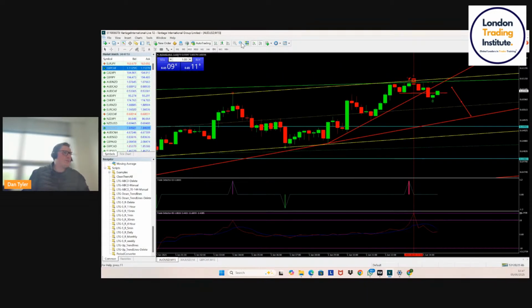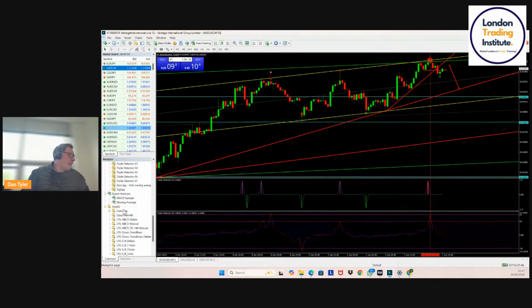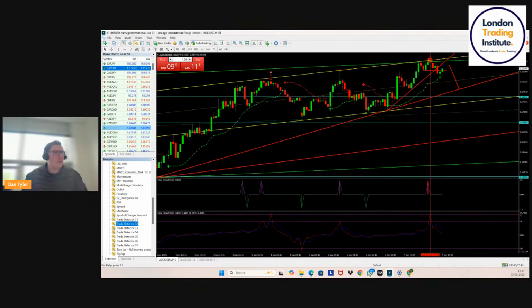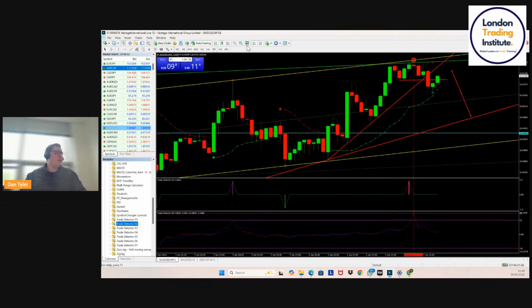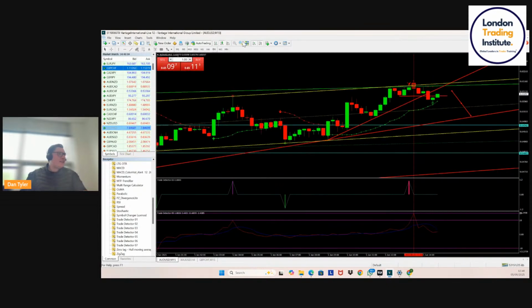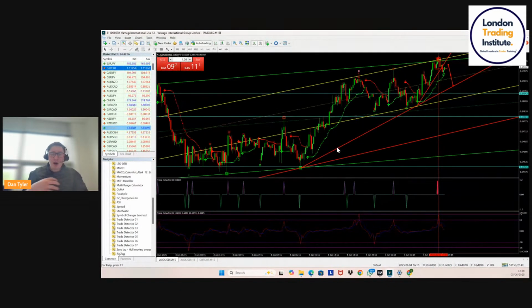But there is something in Trade Detector called Trade Detector 2, okay? This is my favorite tool for being able to get in on a trend early and ride it with a trailing stop until it gives me a signal in the opposite direction, okay?